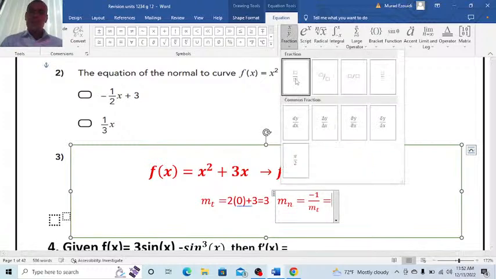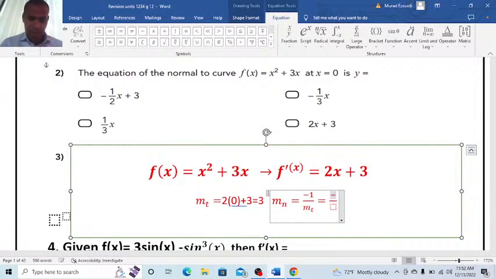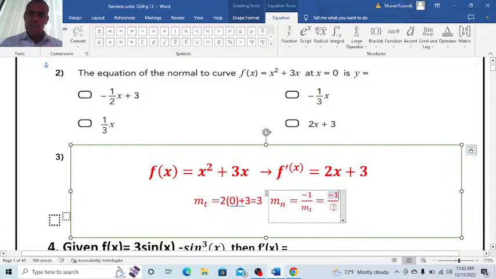Therefore I found the gradient of the normal.